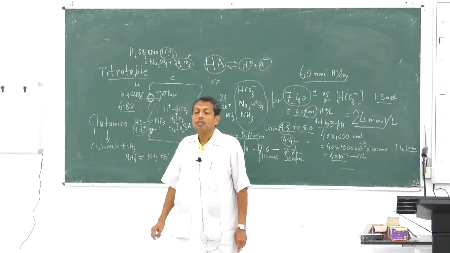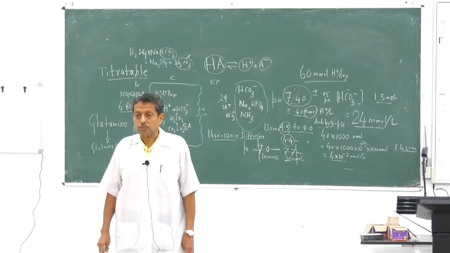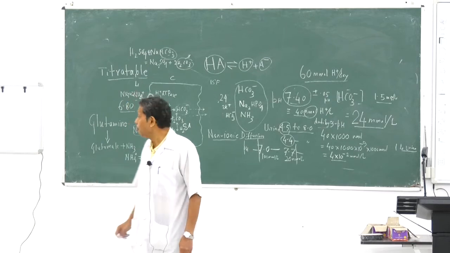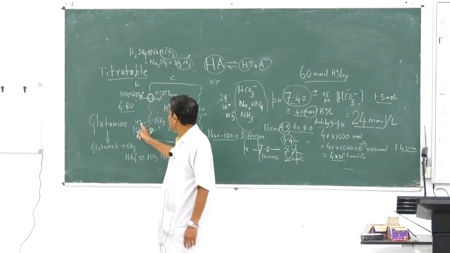It is called diffusion trapping or non-ionic diffusion. So luminal pH will influence whether it is secreted or not.